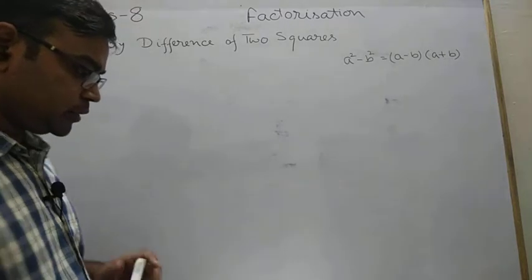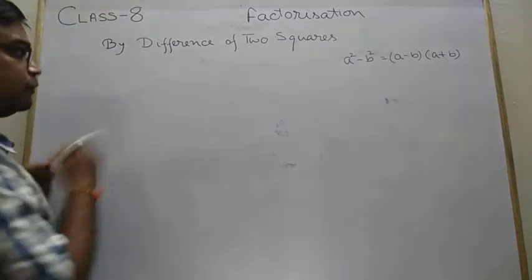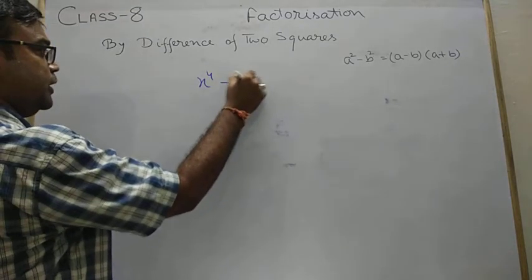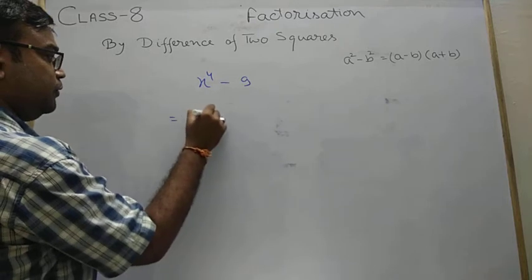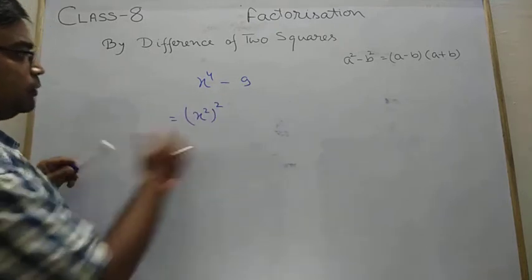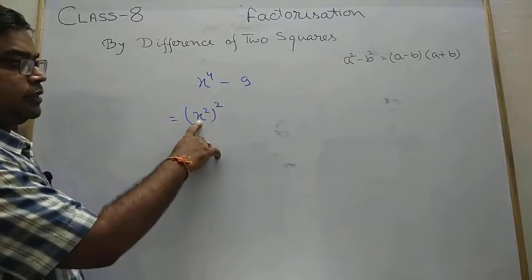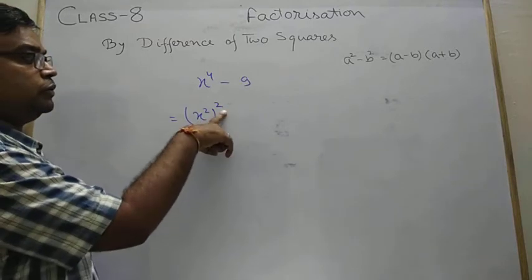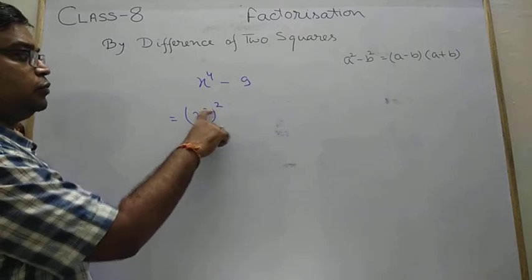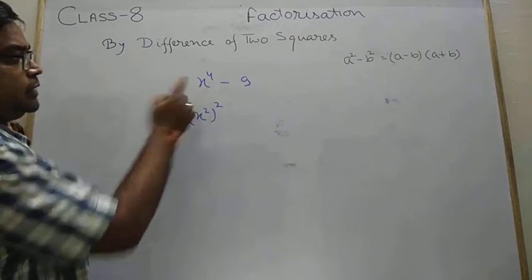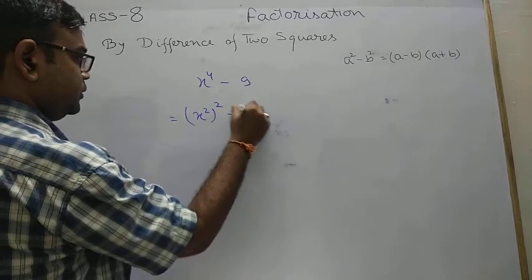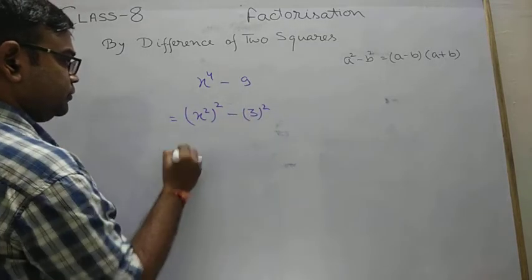Okay, I am using this question: x to the power 4 minus 9. As we know, power of a power must be multiplied, which means x square whole to the power 2, so 2 must be multiplied with this power: 2 times 2 is 4, and x stays the same, minus 3 square.